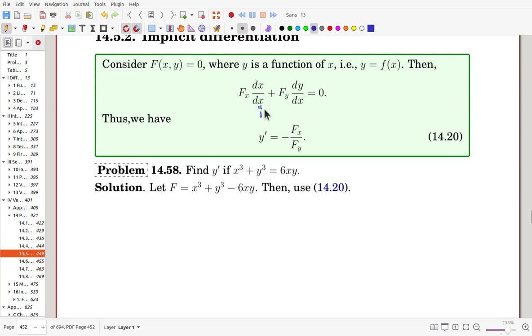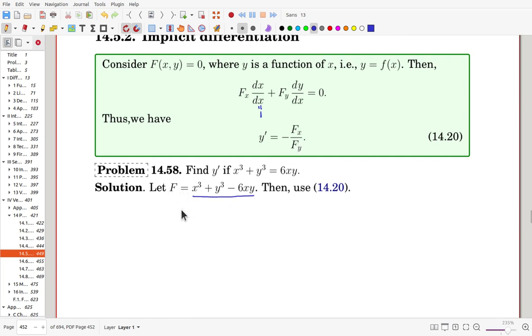Then if we want to use this formula, we may have to define capital F by moving this one to the other side. Okay, so we recheck this one. Now y prime is F sub x over F sub y.